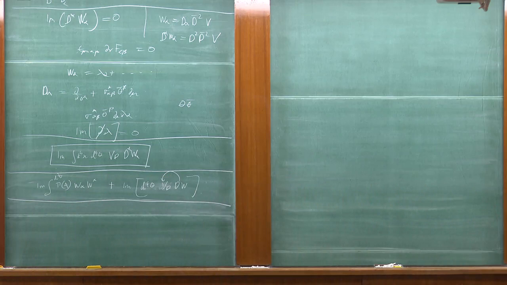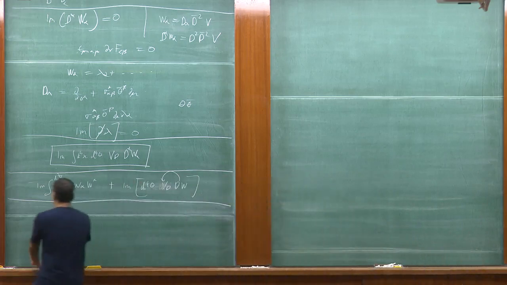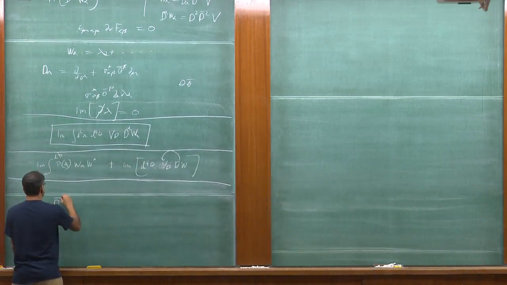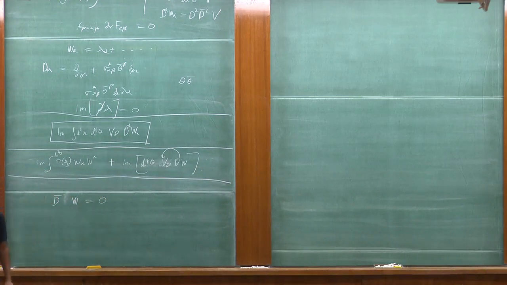And the next thing we do is to use the fact that w was chiral. Because w was chiral, we have that d bar of w is equal to 0. This is the definition of w being chiral, right?